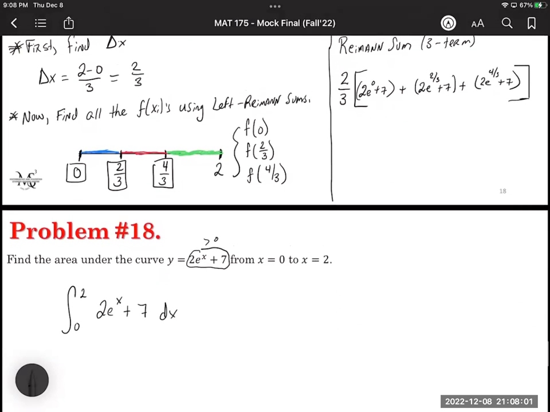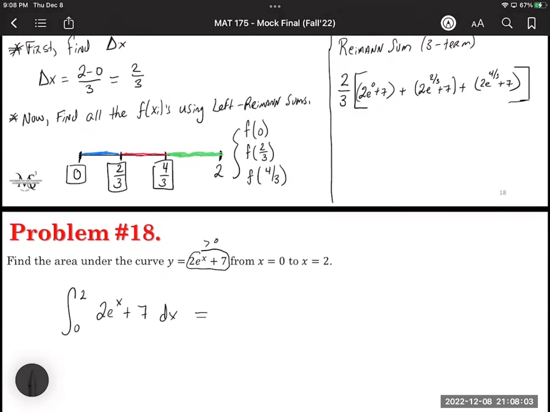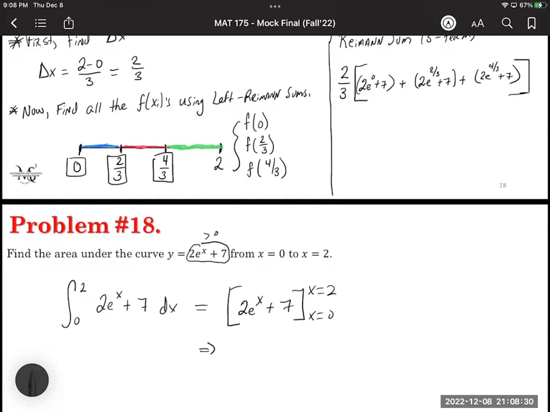Okay. So for problem 18 here, you take your antiderivative. What is the antiderivative of e to the x? Anybody know? It's e to the x. So it's 2e to the x plus 7 from x equals 0 to x equals 2. Again, the second fundamental theorem of calculus says you plug in the upper limit of integration first, followed by the lower limit.